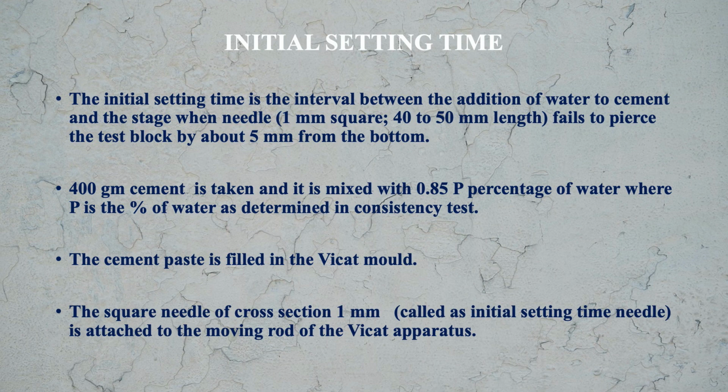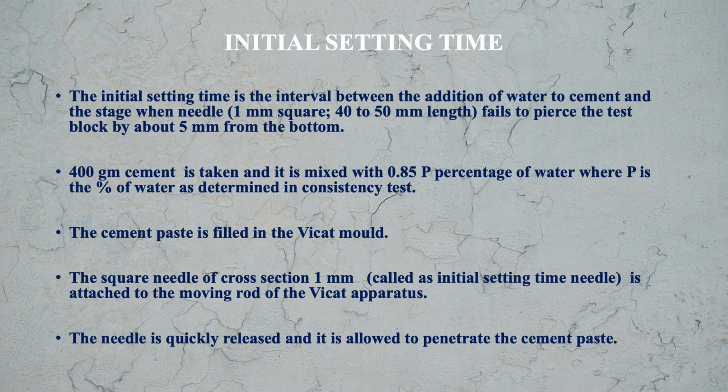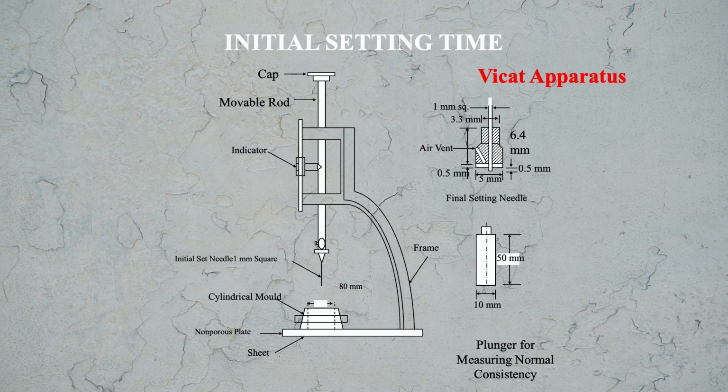The square needle of cross section 1 mm, called the initial setting time needle, is attached to the moving rod of the Vicat apparatus. Now this needle is quickly released and allowed to penetrate the cement paste. You see here the same Vicat apparatus that we used in the standard consistency test, but for initial setting time we are using the 1 mm square needle, whereas in the consistency test the diameter of the plunger was 10 mm.